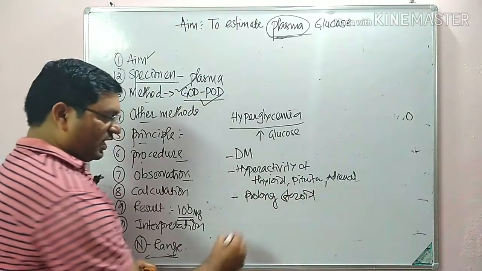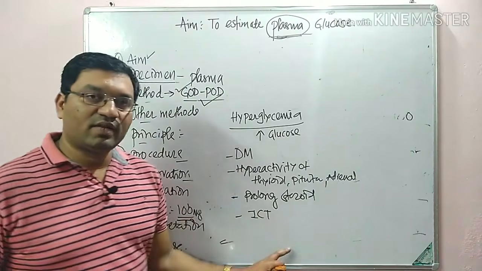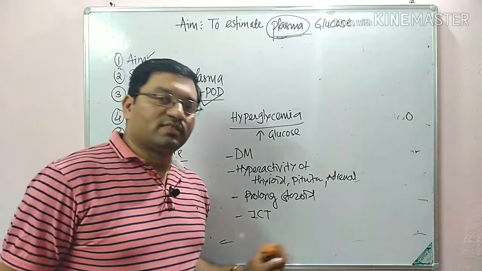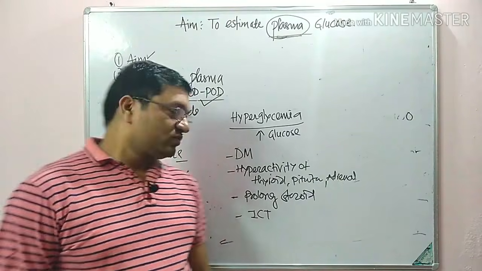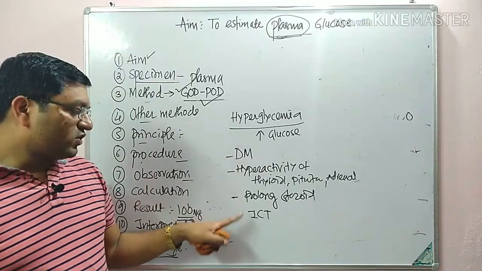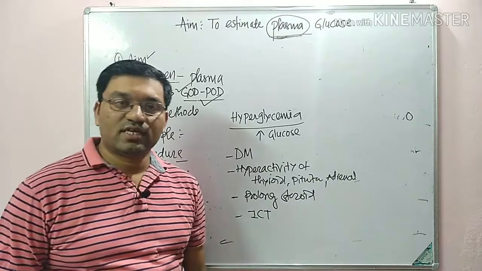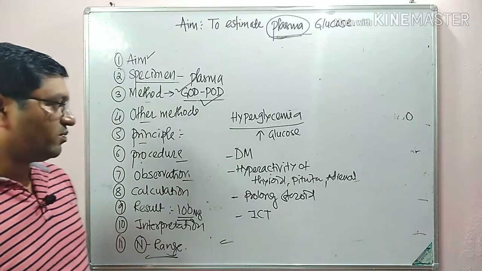Steroid therapy, and raised intracranial tension as in meningitis, encephalitis, CNS tumor, etc. In that condition, the blood glucose level value will increase. So these are the conditions: diabetes, hyperactivity of three glands, prolonged steroid therapy, and raised intracranial tension as in meningitis, encephalitis, tumor of CNS, etc.